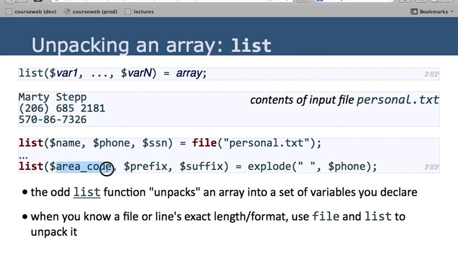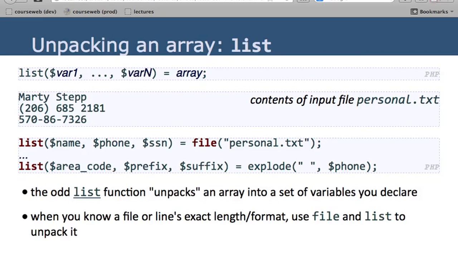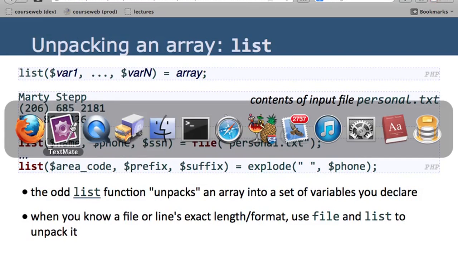And then if we want to split up the telephone number even more, we can just split that into area code, prefix, and suffix by exploding it. It's not technically a function, it's another funky PHP language construct, but it allows you to put all of the elements in an array into separately named variables. Super useful.